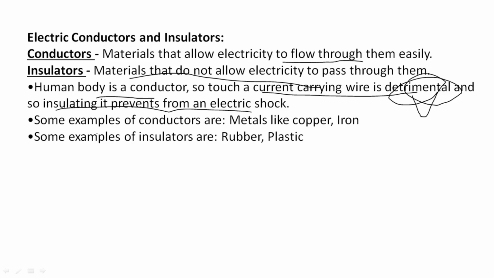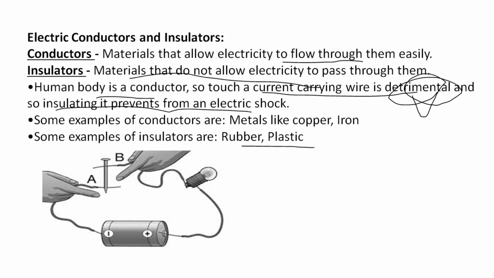Some examples of conductors are metals like copper and iron, and some examples of insulators are rubber and plastic. You are seeing that all the wires are covered with plastic or rubber. Look here, you can see that these wires are covered with plastic, and here this is a metal pin.